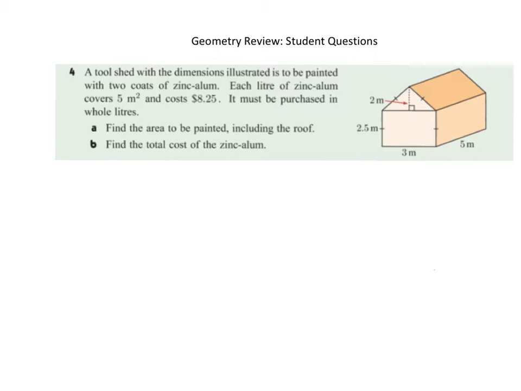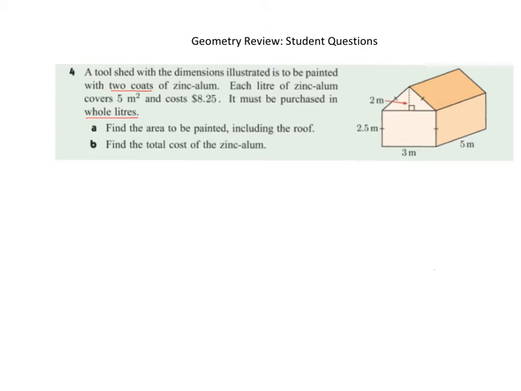So one of the things that you might not have been aware of if you got this question wrong or that you just glossed over was the fact that it needs 2 coats of zinc aluminum and that it needs to be purchased in whole liters. Remember, this is called applications and interpretations, so you need to make sure that you are reading each question very carefully and that you are highlighting key terms and important parts of the question that might cause some issues.